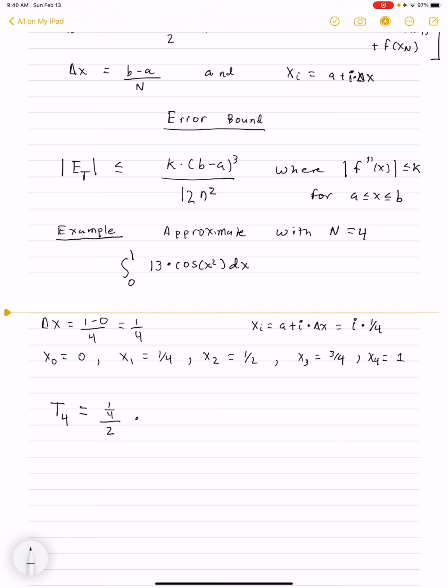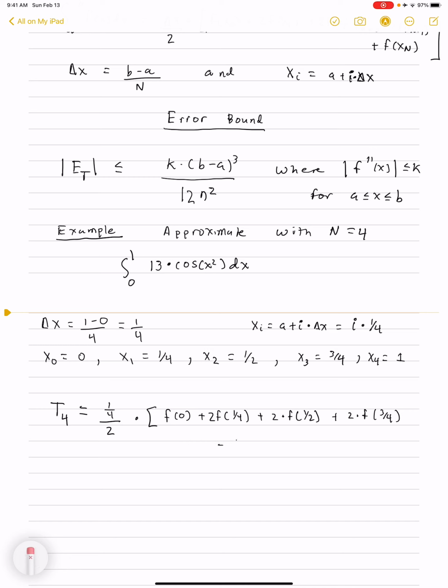That'll be an eighth, times f of 0 plus twice f of 1/4 plus twice f of a half plus twice f of 3/4 plus just a single f of 1.